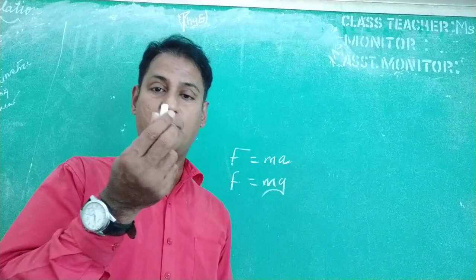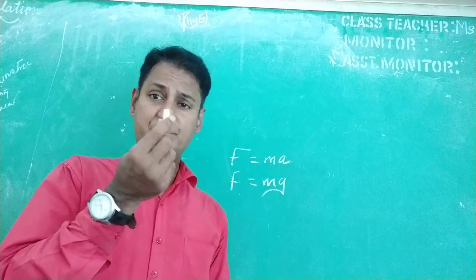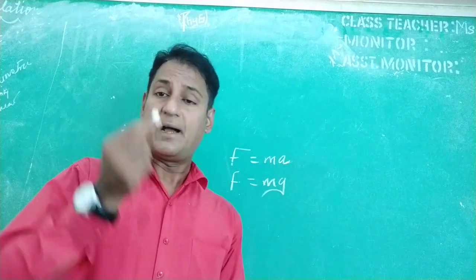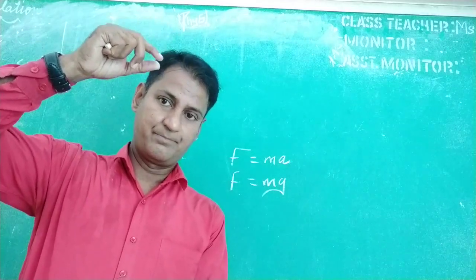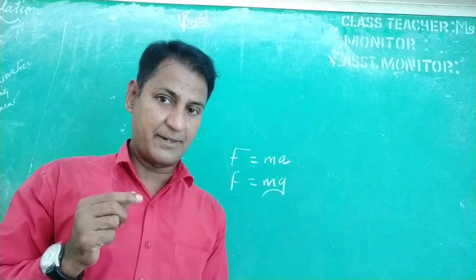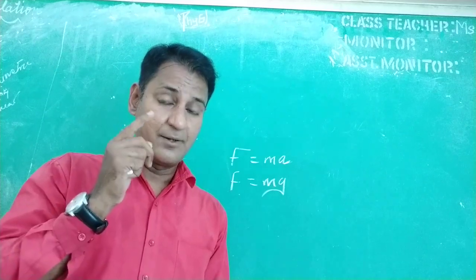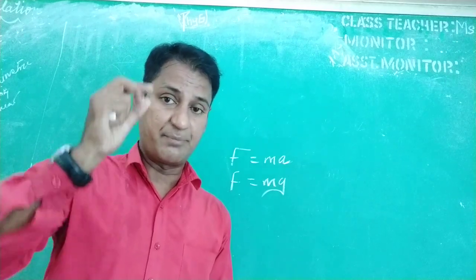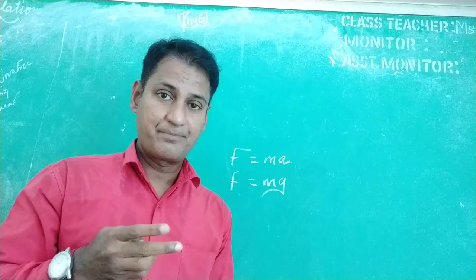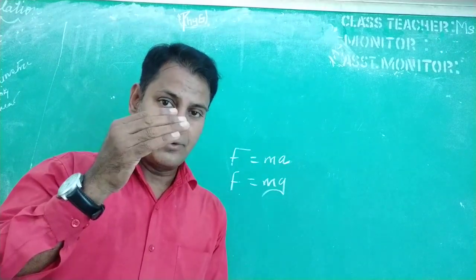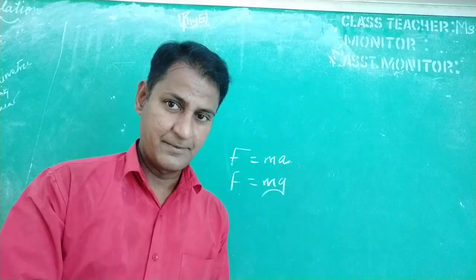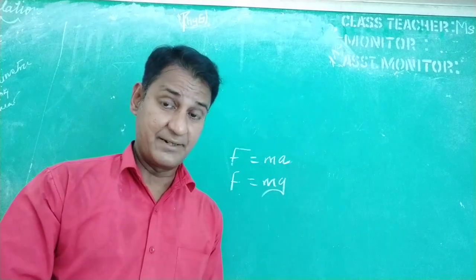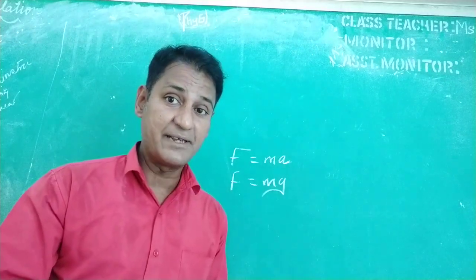Consider I am taking a body whose mass is m, and when I drop this body towards the earth, what will happen? Imagine whenever a body is dropped from a particular height, the velocity of that body at different points before it reaches the earth will keep on changing.